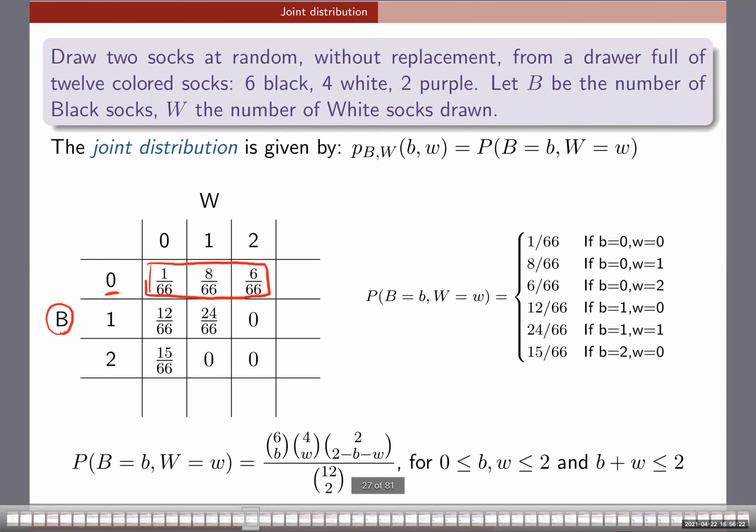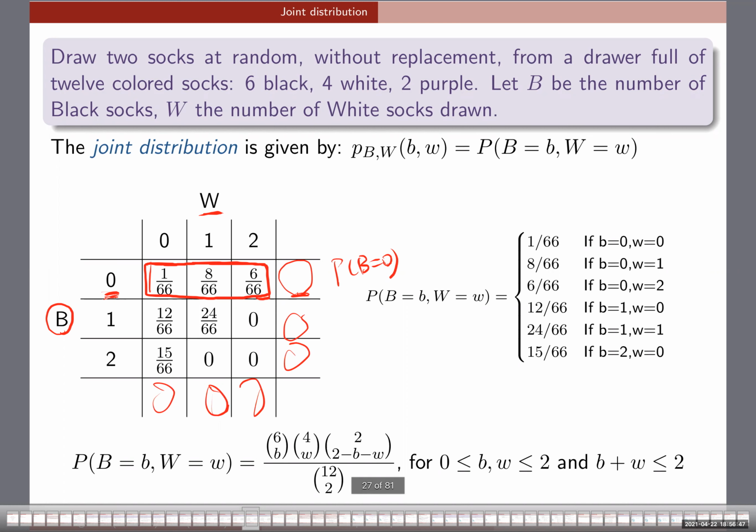I'm adding all of this up because these are all the joint probabilities when b equals 0 and w can be anything. When I add this up, I get the probability of b equals 0. I can do that for all of these, and for all of these if I'm trying to get the probability of w.